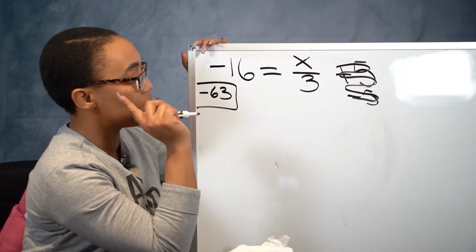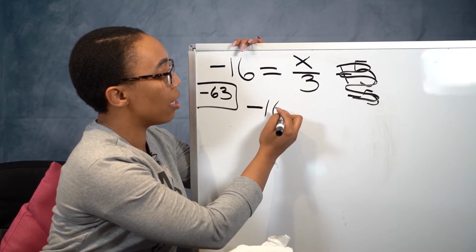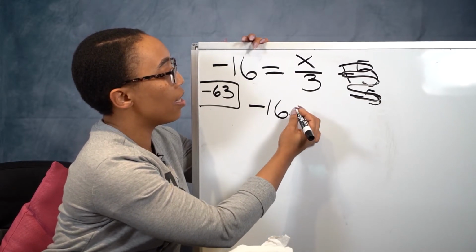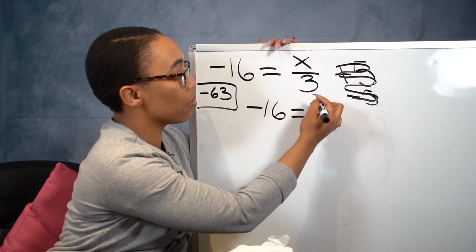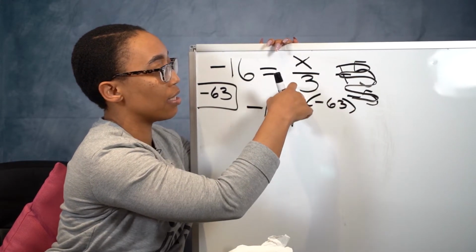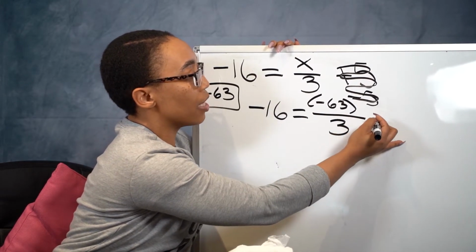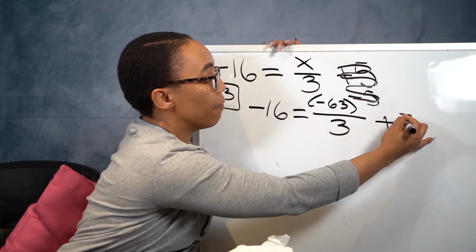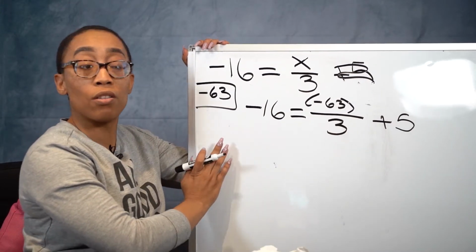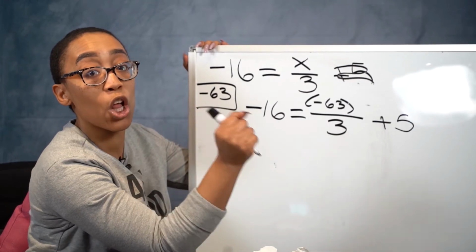Okay, and I just wrote this here to remind myself. So let's just write it all out to substitute it in. So we have negative 16 equals negative 63, because this is where the x is, and that's what we said x is, over 3, and it was plus 5. All right, so this is our new problem with our substituted answer. So let's solve it.